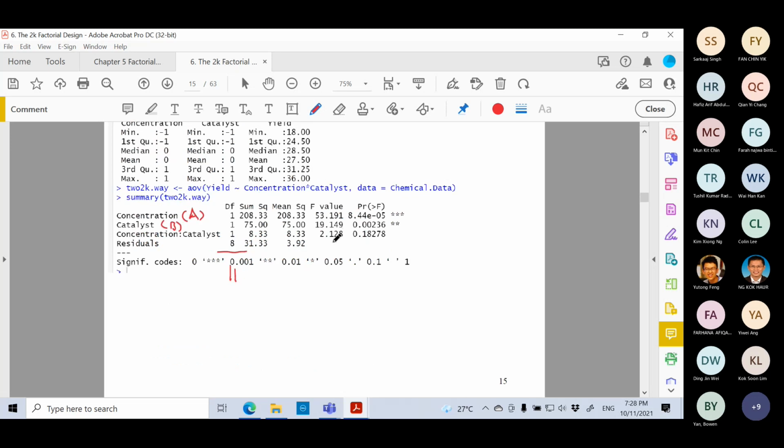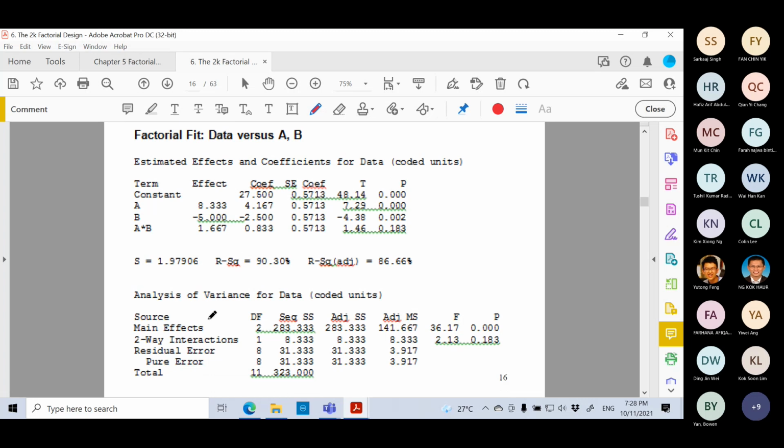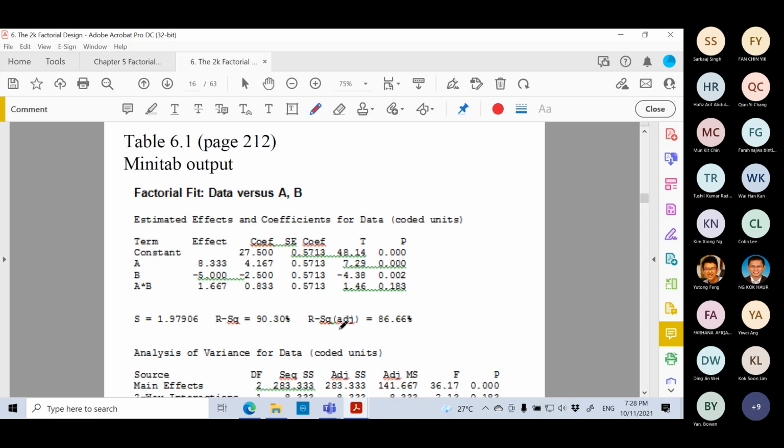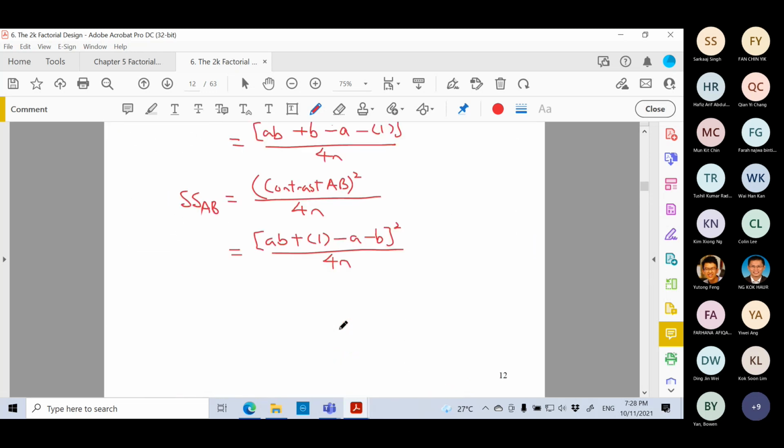Okay, so this one is the ANOVA table in the analysis from Minitab. They are not complicated here. Even though here you cannot get the information, the information can be obtained from the other table, the factor effect. Actually, from the factor effect, we can convert to the sum of square. So this one is the output from the Minitab. And then I recall back for you here.